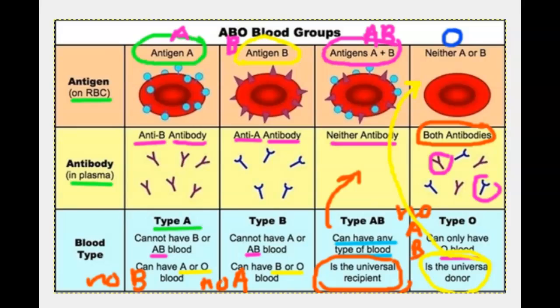So if they don't have any A antigens, B's can get it. If they don't have any B antigens, type A can get it. And A and B can get it as well.